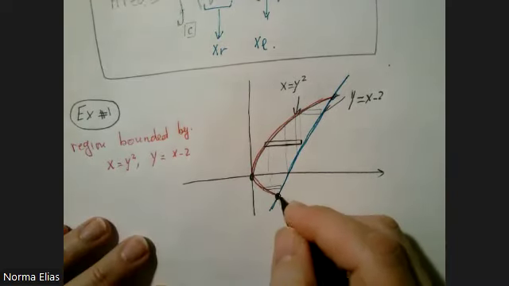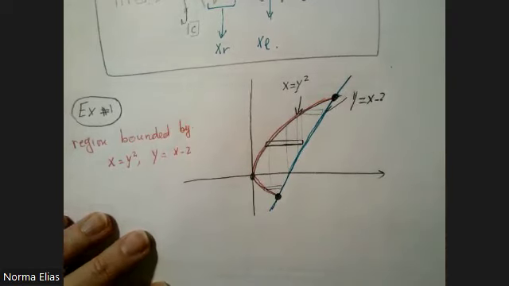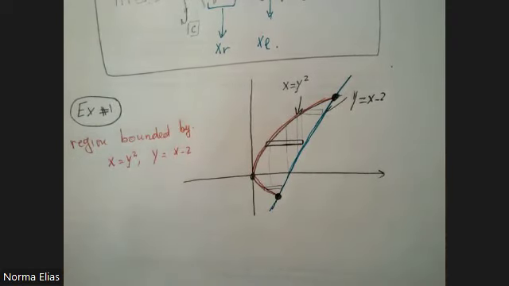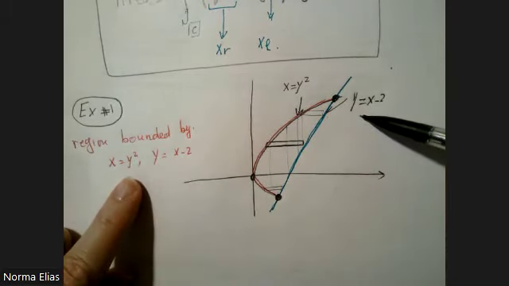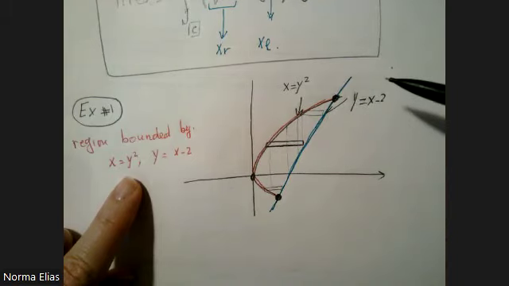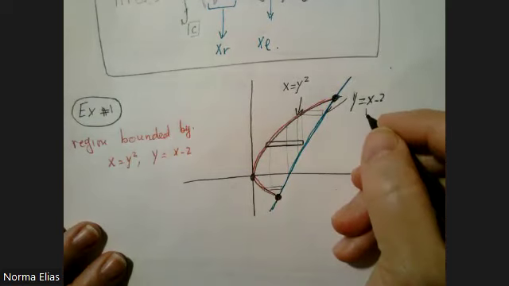First, I need the intersection point. Yesterday, I gave you the intersection point. Today, I'm going to tell you how to find it. There are two ways you can find the intersection point. You pick the easiest. Either you set the y's equal to each other, or you can set the x's equal to each other. So what do I mean by that? This is x equal y squared.